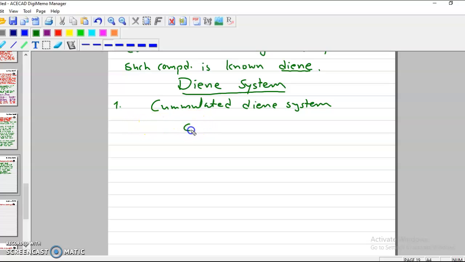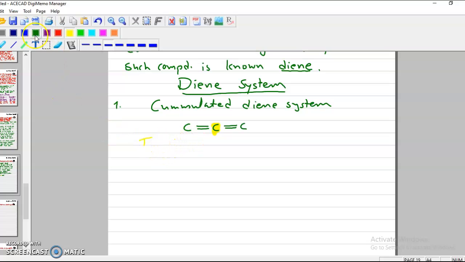When two pi bonds are shared by one common carbon atom, then it is called a cumulative diene system. This is a common carbon atom sharing two pi bonds together, but with two different carbons.